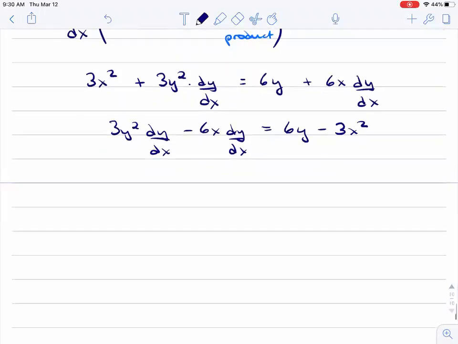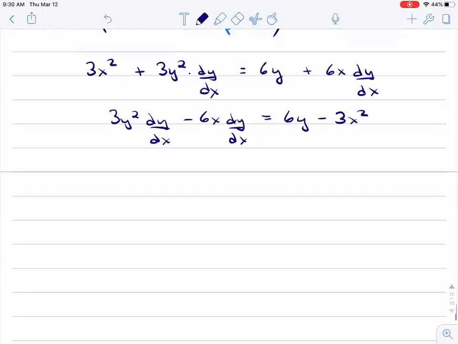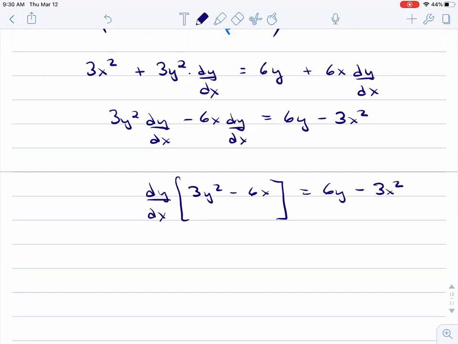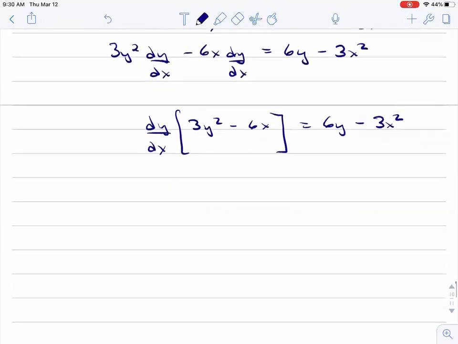That looks good. So if I pull out the common dy/dx here, I get 3y squared minus 6x equals 6y minus 3x squared. Solving for dy/dx, I get (6y minus 3x squared) over (3y squared minus 6x).